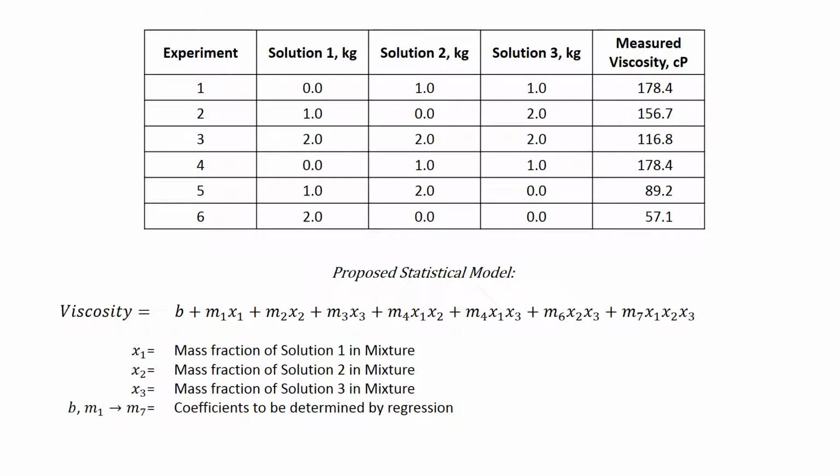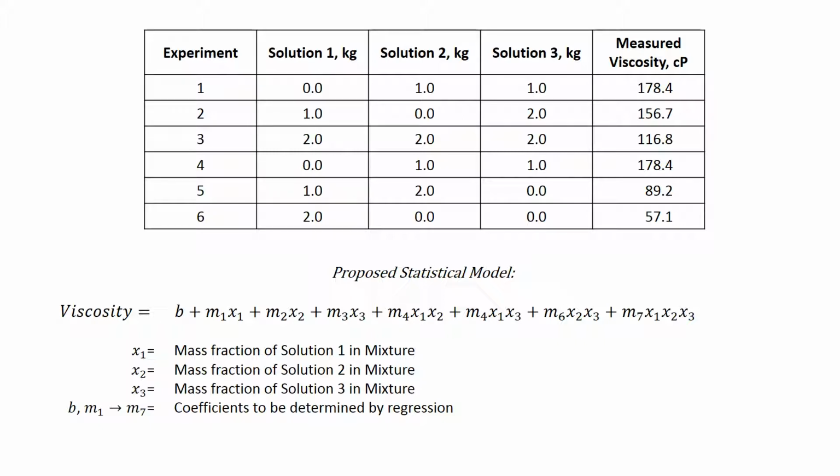So following the Taguchi design, we've conducted 6 experiments where I blended, say in experiment 1, 1 kilogram of solution 2 with 1 kilogram of solution 3, and measured the viscosity to be 178.4 centipoise. Going all the way down to experiment 6, all I needed was 2 kilograms of solution 1, and its viscosity was 57.1.